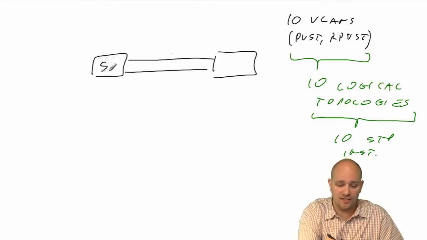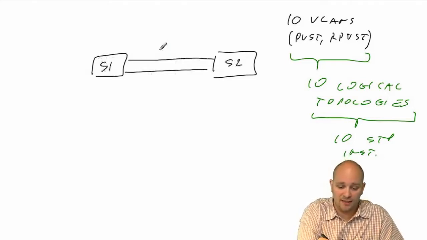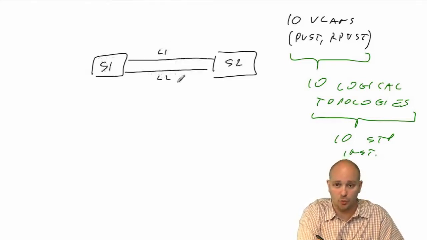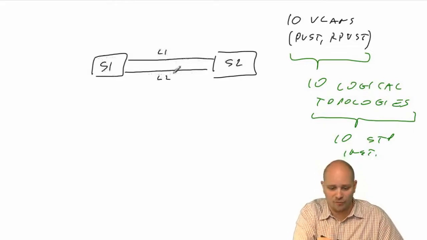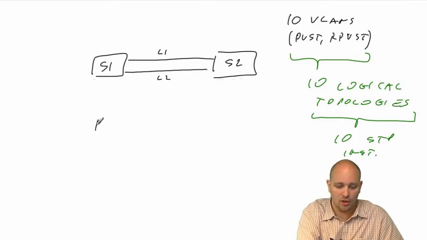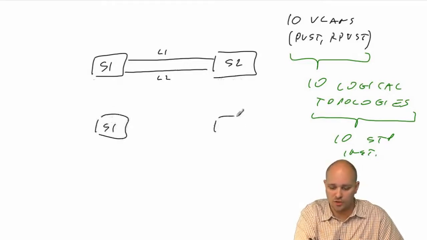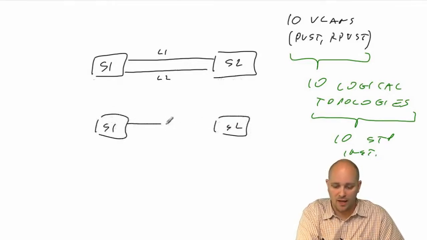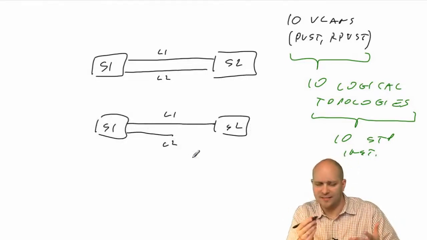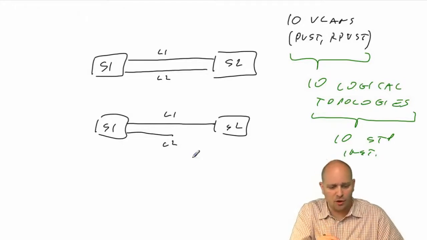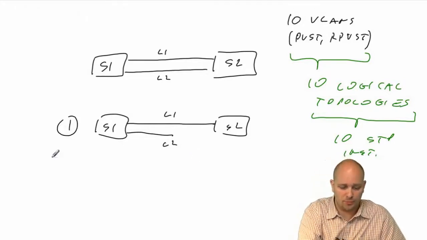With these 10 spanning tree instances, what I have are really just two possible logical loop-free topologies given my physical diagram. So let's say that this is switch 1 and this is switch 2, that this is link 1 and this is link 2. One of the possible logical topologies for this physical diagram is that switch 1 and switch 2 have link 1 forwarding and link 2 blocking. On either side, that doesn't matter. This is logical topology 1.